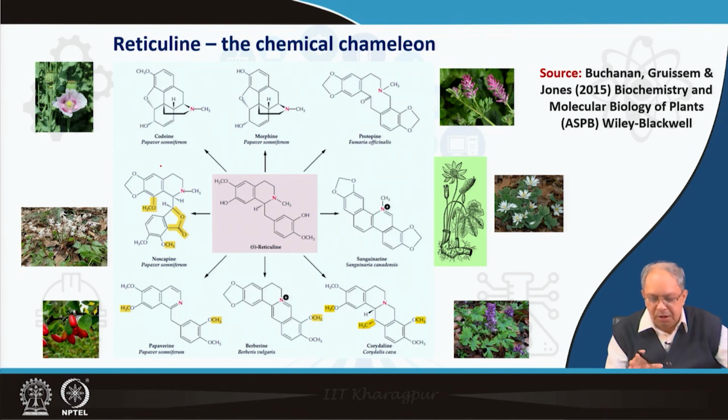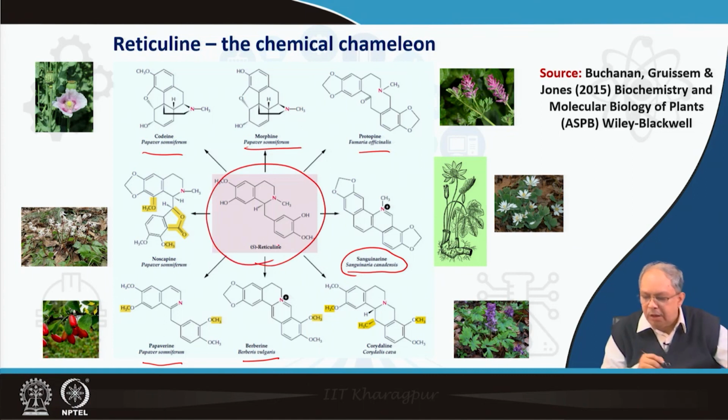So, basically the structure reticulin with modifications forms different types of alkaloids. So, for example, morphinan alkaloids, papaverine, berberine alkaloids, then benzophenanthridine alkaloids, which is here. So, that means reticulin is basically the starting point.